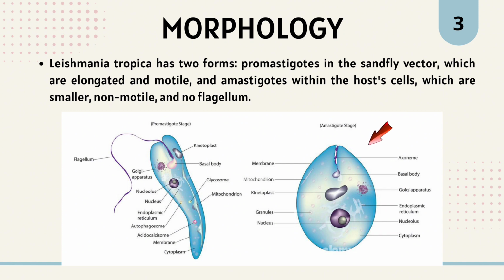While the amastigotes are small, round to oval bodies, residing inside the monocytes, endothelial cells, and polymorphonuclear leukocytes of the host, and the nucleus is large and lies at a right angle to the kinetoplast, which is slender and rod shaped.